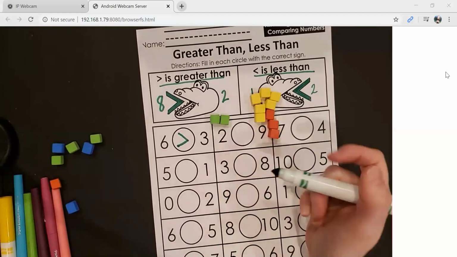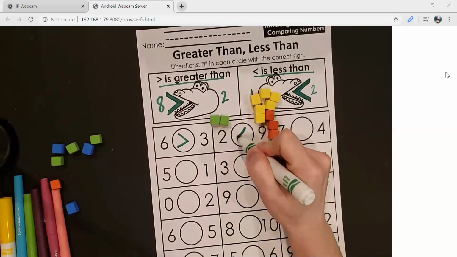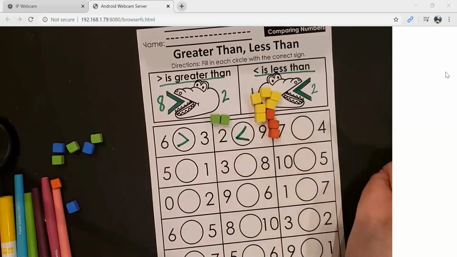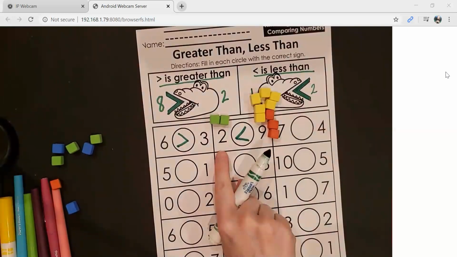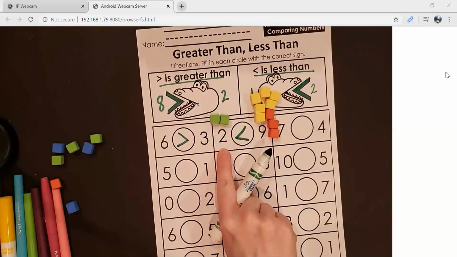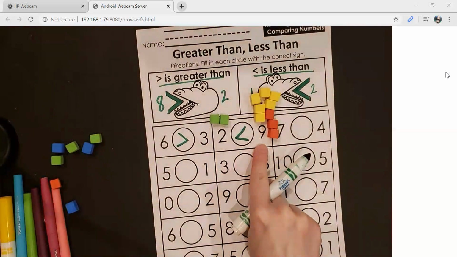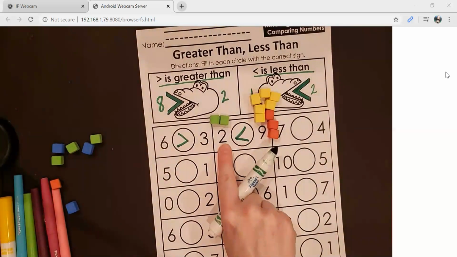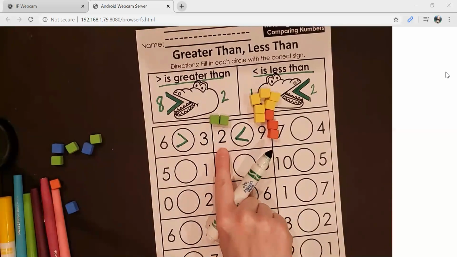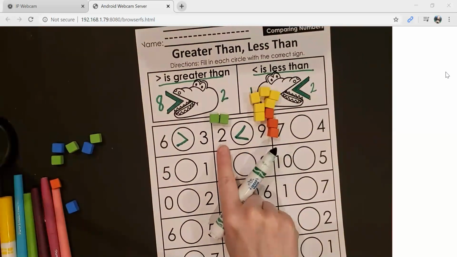And if it has more, that means it is greater. So we're going to chomp it. And whenever we compare it using our words, we would say 2 is less than 9. He's turned his back on 2. He says, nope, I don't want to eat you. I want to eat that bigger fish. So 2 is less than 9.